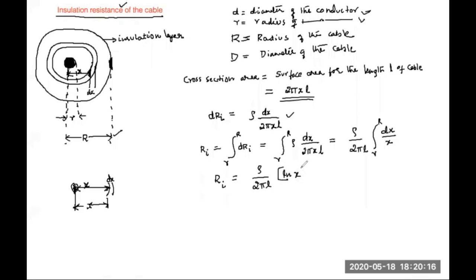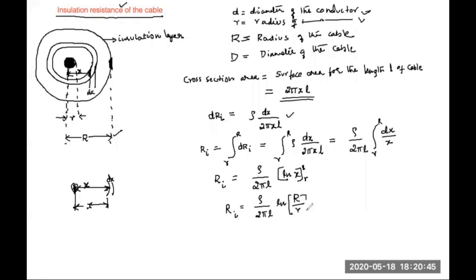Let me write one more step clearly; I have not applied the limit so far. If I apply the limits, then I get Ri equal to rho by 2 pi L into ln of capital R by small r.